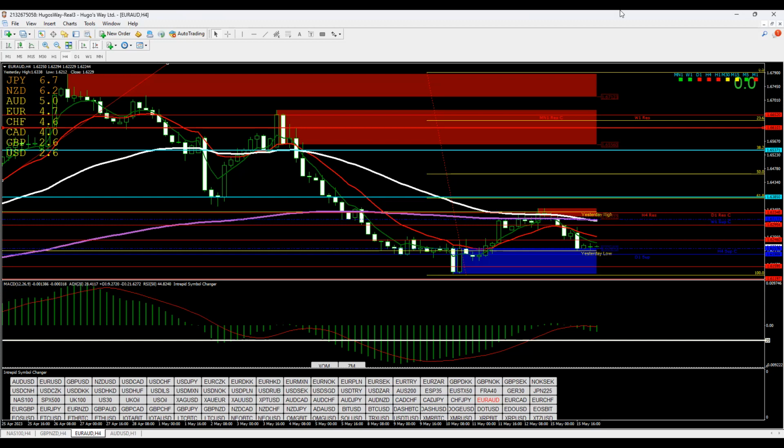But what has stopped price from going here? Right? What has stopped price here from going? Well, I have this demand box here designed to push price up.